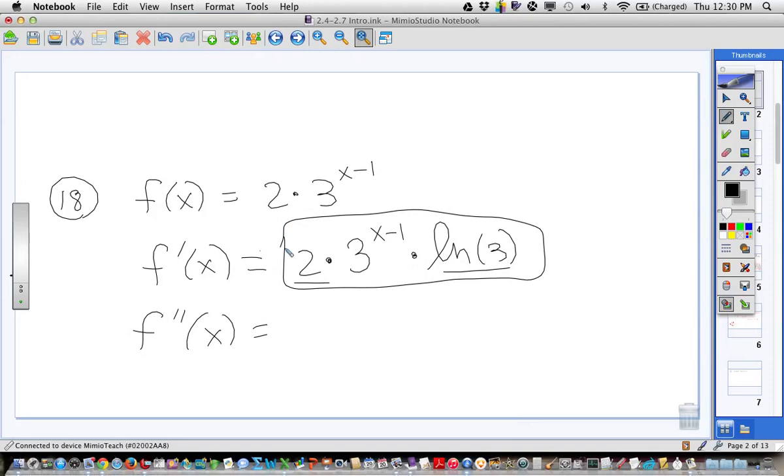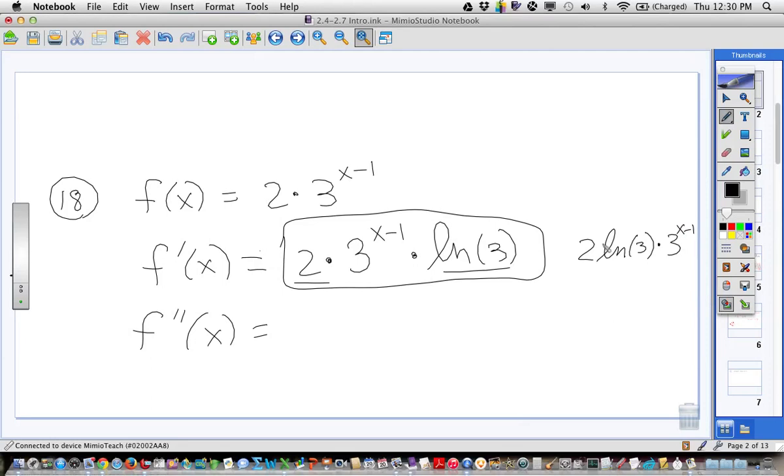I don't care about rearranging terms. But if we're going to use it again, which we are now, then rearranging can help. For example, I would probably put the 2 and the ln 3 together in front, because that helps me with the next one.